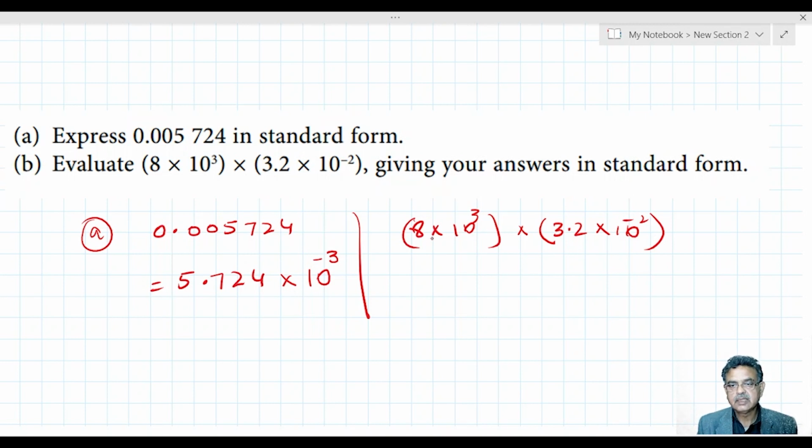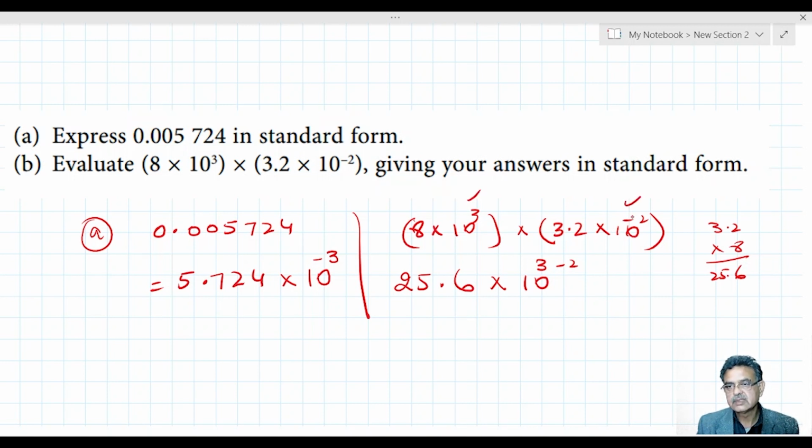As they are multiplied, we will multiply 3.2 by 8. 3.2 multiplied by 8, 8 sixes are 48, and the result is 25.6, multiplied by 10 raised to the power 3 minus 2.